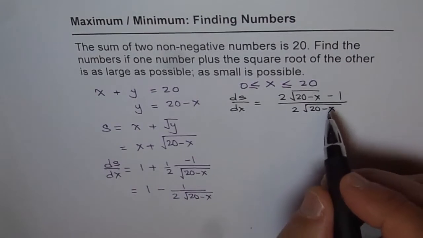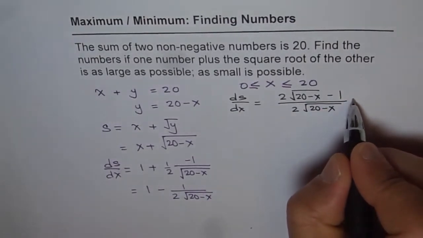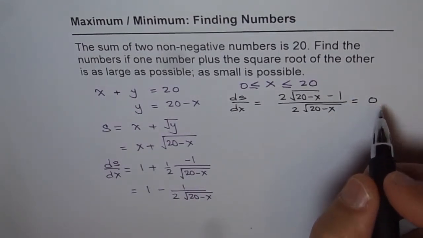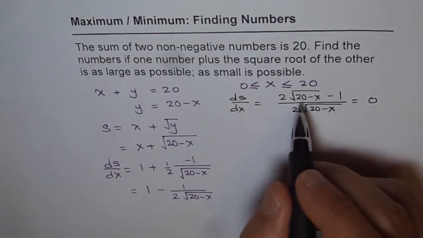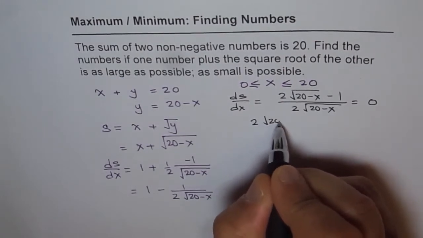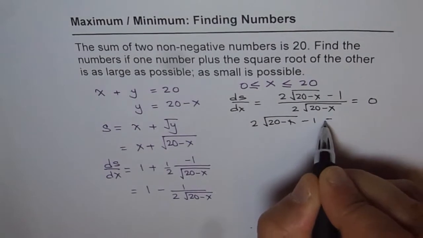Now let's find the critical number by equating dS over dx to 0. That means the numerator should be equal to 0. Now let's equate the numerator to 0. That is 2 square root 20 minus x minus 1 equals 0.